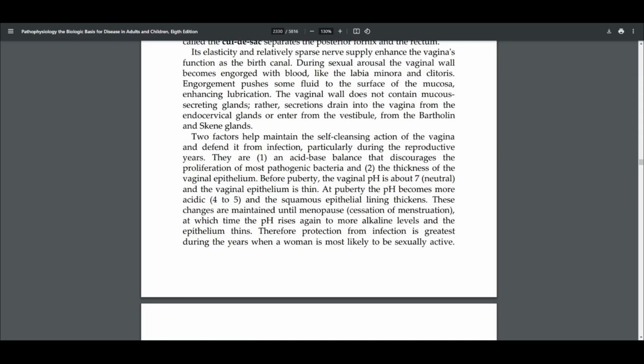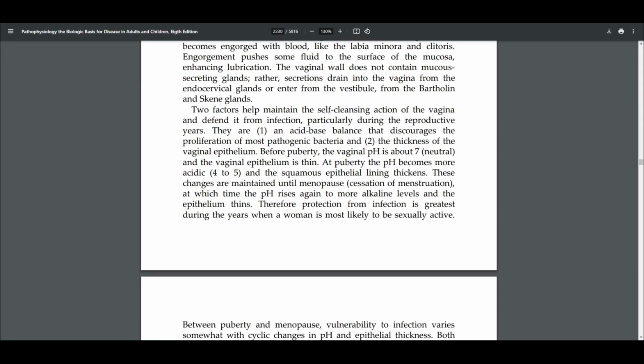Two factors help maintain the self-cleansing action of the vagina and defend it from infection, particularly during the reproductive years. They are, first, an acid-base balance that discourages the proliferation of most pathogenic bacteria, and second, the thickness of the vaginal epithelium.